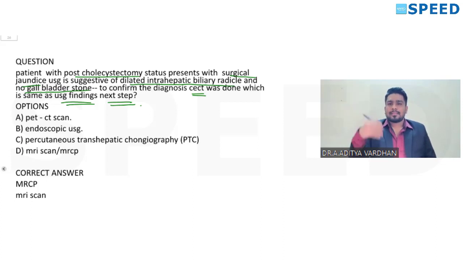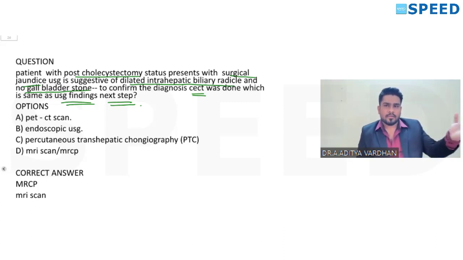In the liver, inside there will be intrahepatic biliary radicals, the bile radicals. Those branches have gone into dilation. That is what they are coming to say, and no gallbladder stones have been found. To confirm the diagnosis, what they have done is, gallbladder stone means we have removed the gallbladder itself.